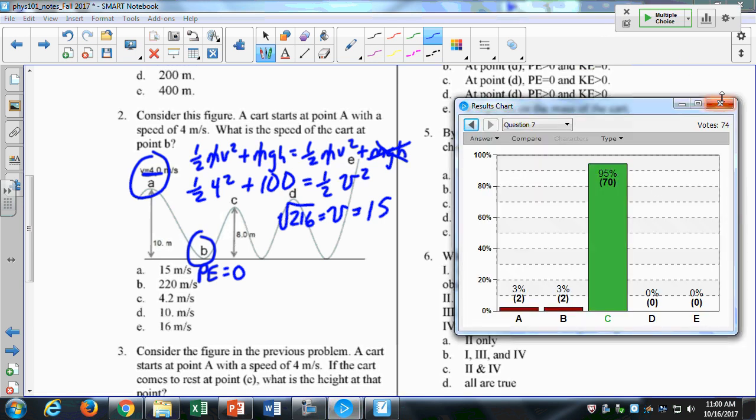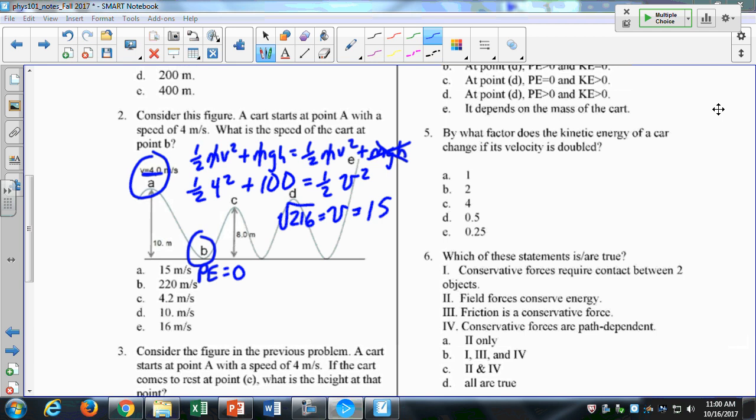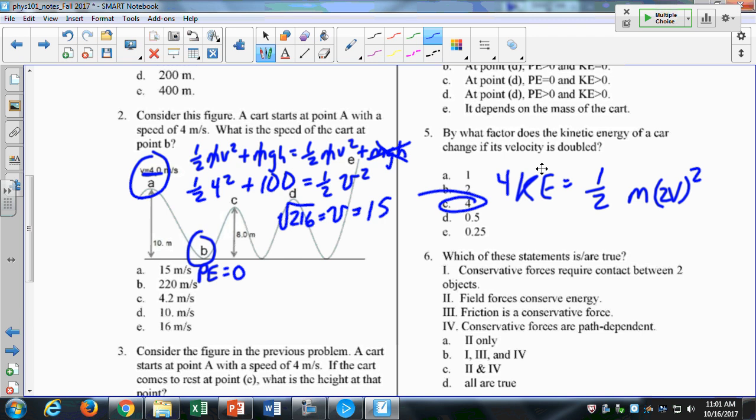Look at that. Y'all are awesome. C is the right answer. Kinetic energy is 1/2 mv squared. If I double this, which is what I'm doing, then I'm going to quadruple, because it's that quadratic relationship. So C is the right answer.